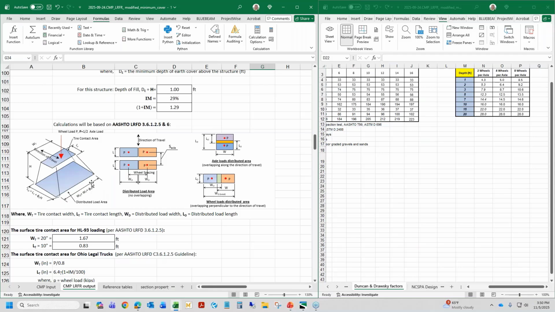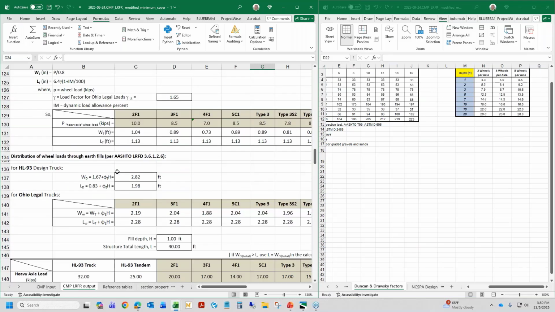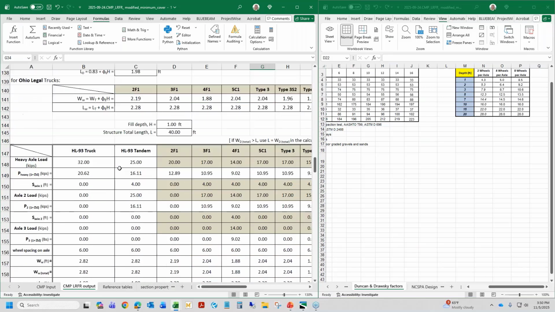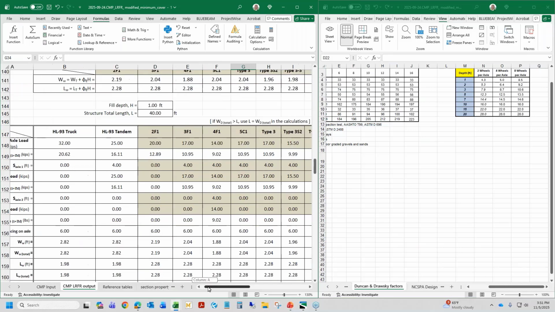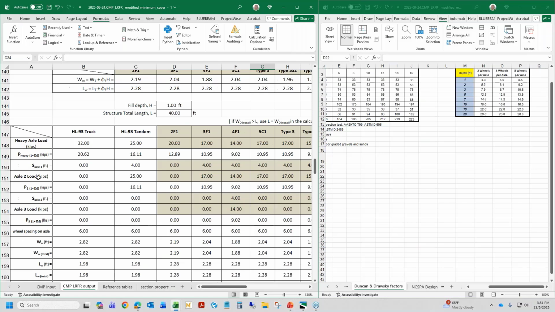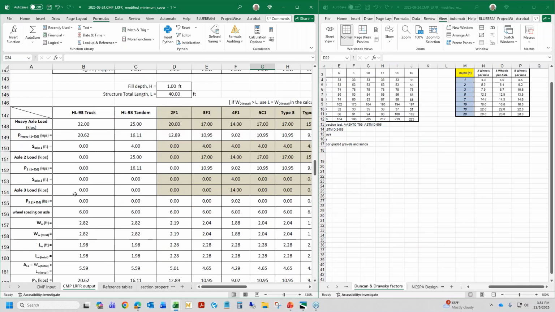And so your patch width increases by the width of the tire print plus 1.15 times the height of cover. With that, we then do a number of calculations for determining if there's an interaction between the axles, and what the different axle loads are. Is it just a tire that's being considered, or is it an axle?